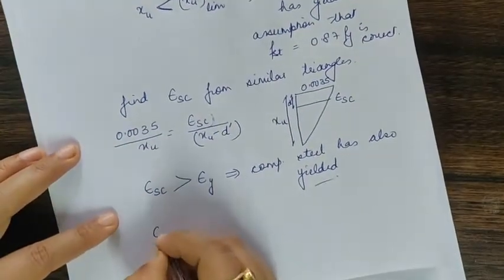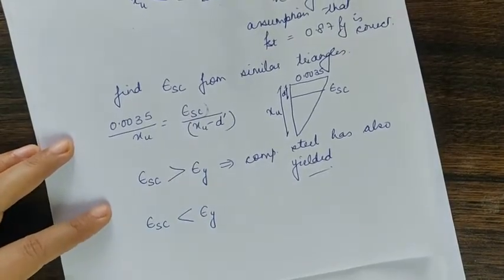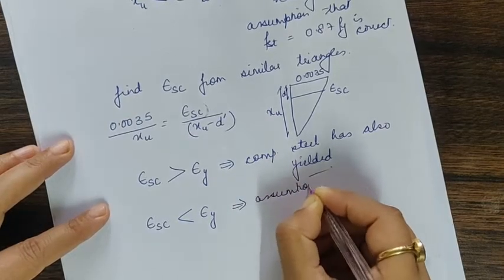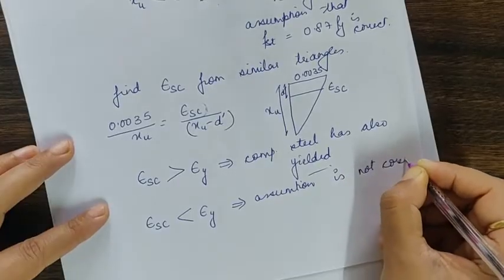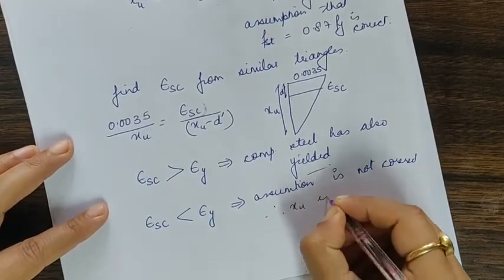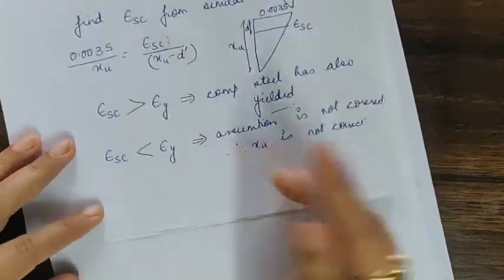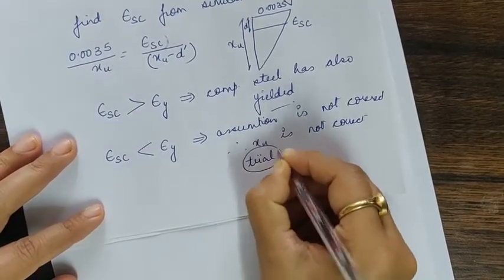Whereas if my epsilon SC is less than epsilon Y, it means my assumption is not correct. So therefore XU is not correct. Therefore I'll have to calculate XU by trial.